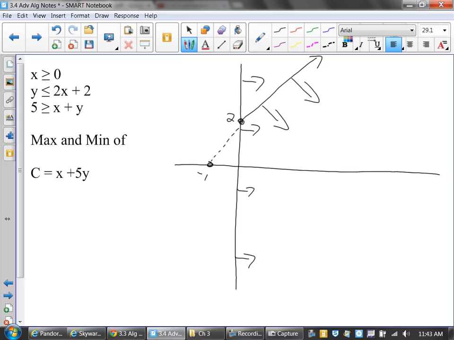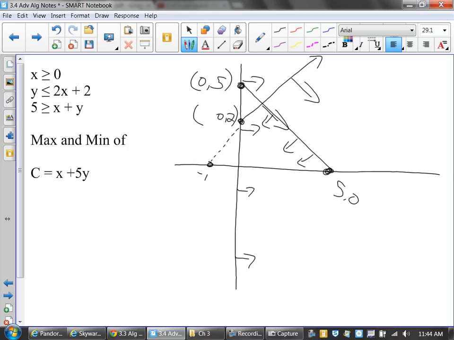And then lastly, I put in my graph of 5 is greater than or equal to x plus y. So I have x and y intercepts of 5. Connect them. And then is 5 larger than 0? So it's true at 0, 0, so it's coming inward again.